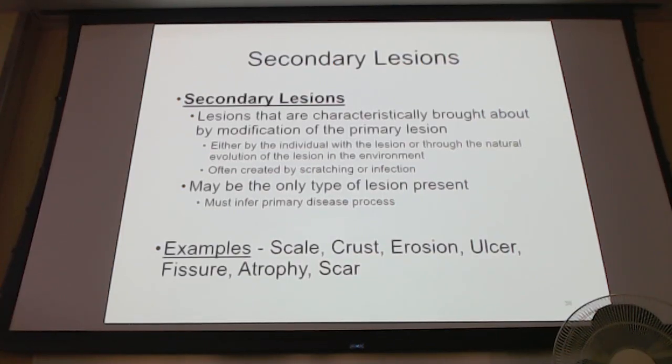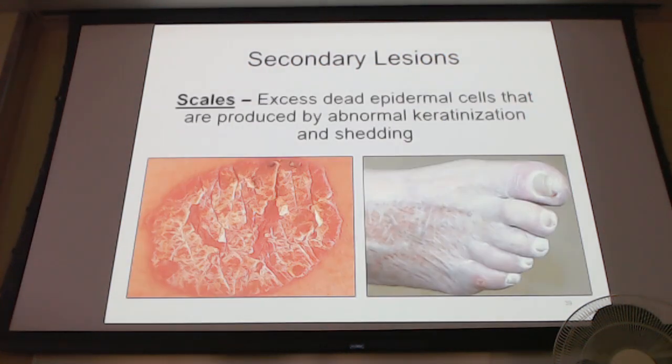Those are all the list of secondary lesions. So scales, again, lichen planus. You can see that with some of the psoriasis, right? That's dead epidermal cells that are produced by abnormal keratinization and shedding.